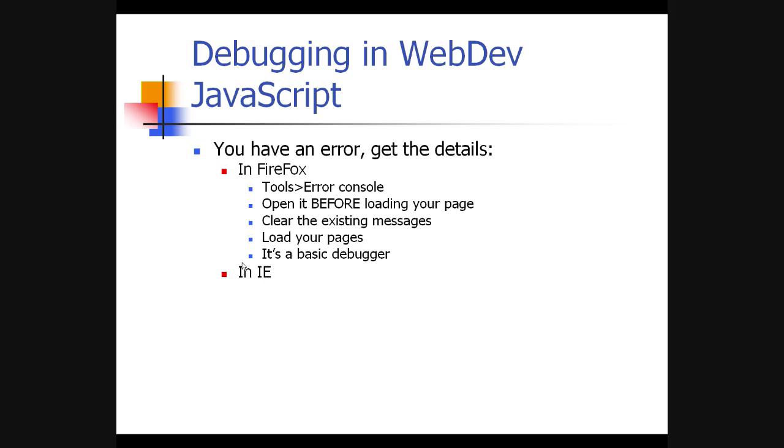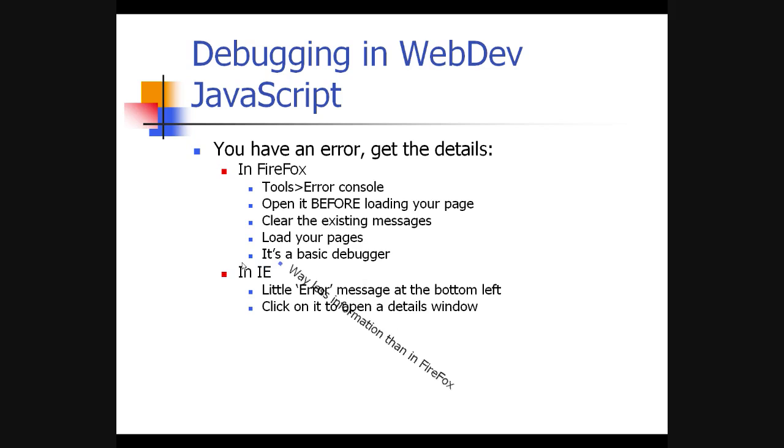Now in Internet Explorer you don't have that. What you have is a little error message at the bottom left of the Internet Explorer window, and you have to click on it to open a details window. In this you will have way less information than in Firefox, just the error message basically.